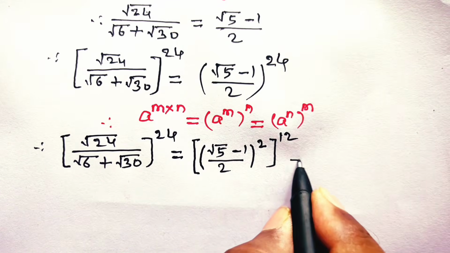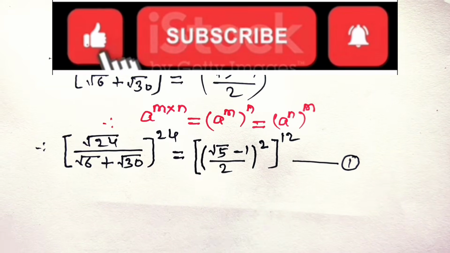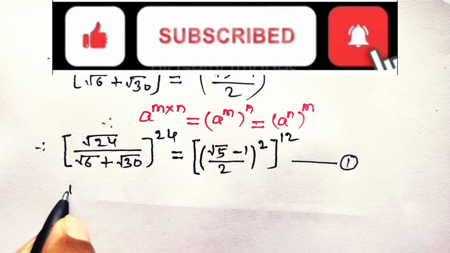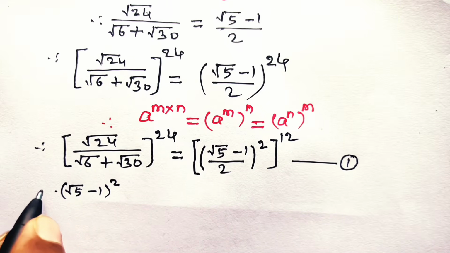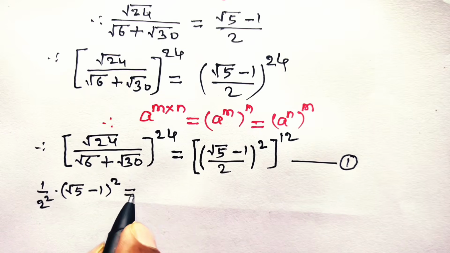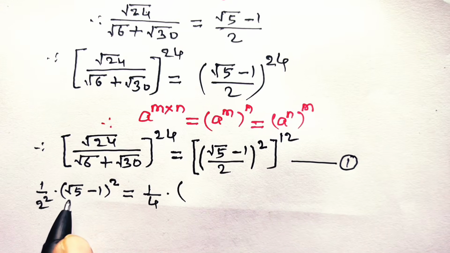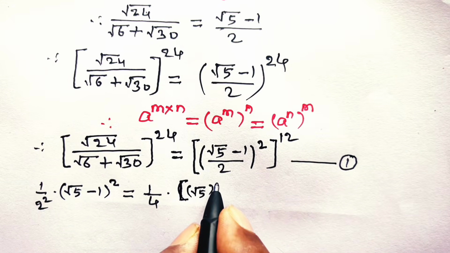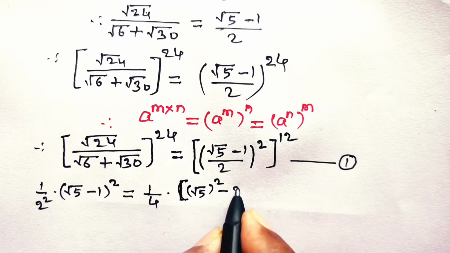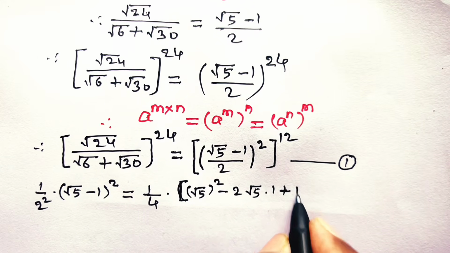Suppose this is equation number 1. First, let us find the square of this number. Hence, square root of 5 minus 1 its square into 1 upon 2 square. This is equal to 1 upon 4 into square root of 5 minus 1 its square, which is equal to square root of 5 its square minus 2 into square root of 5 into 1 plus 1 square.